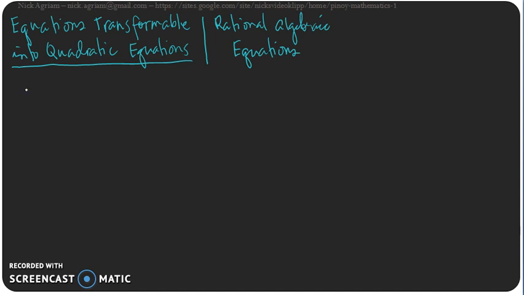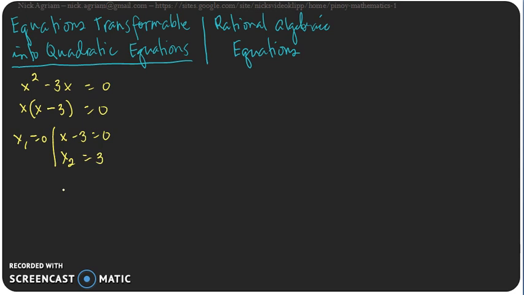For example, if I give them x squared minus 3x is equal to 0, they can factor this by putting the common factor outside the parentheses, and then they will get x sub 1 is equal to 0, and the other is x minus 3 is equal to 0, and then x sub 2 is equal to positive 3. That's alright, no problem with that.